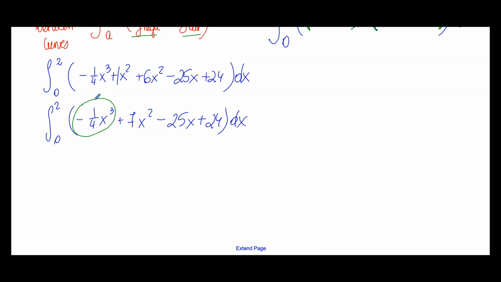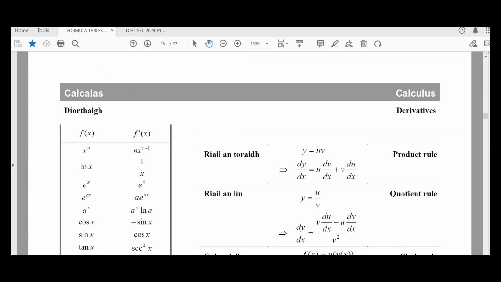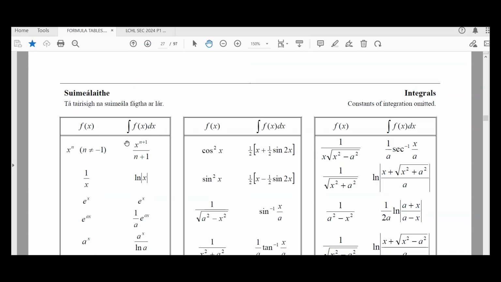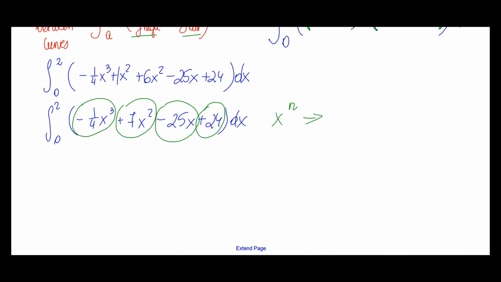To each element, we're going to apply a formula. And those elements are simple enough. They all reflect our x to the power of n. And that's the very first formula in our table when it comes to integration. That's the one here: x to the power n plus 1 divided by n plus 1.